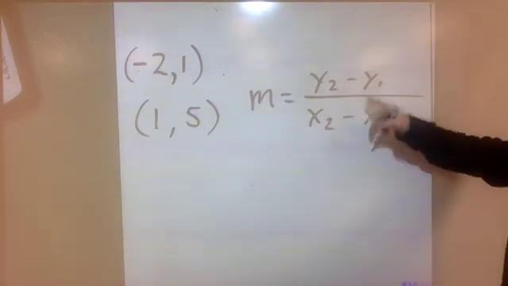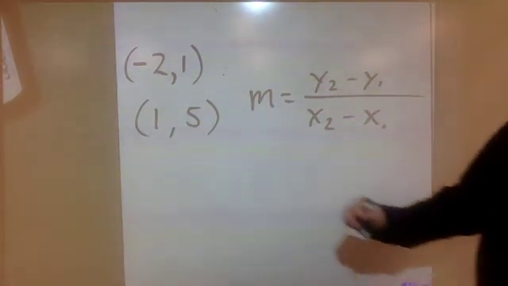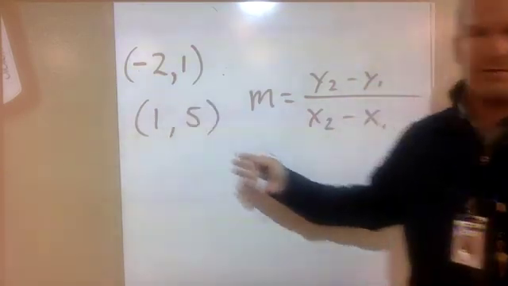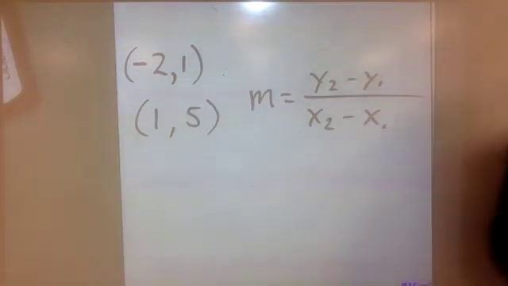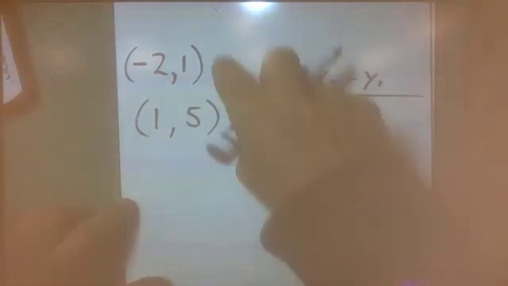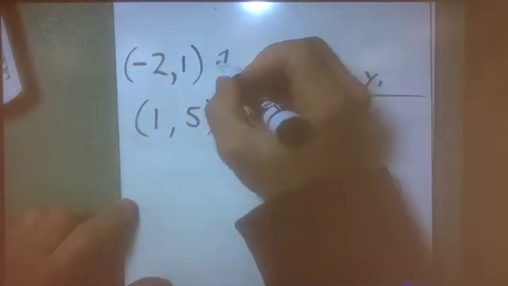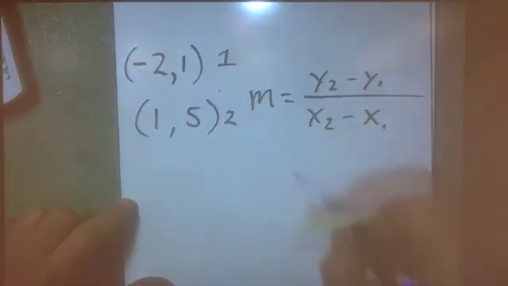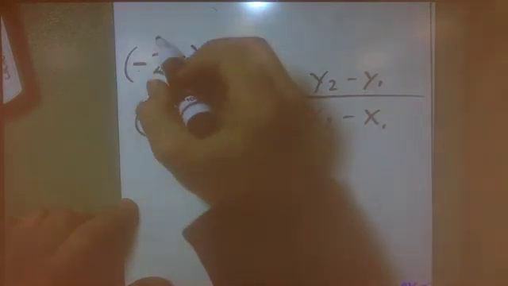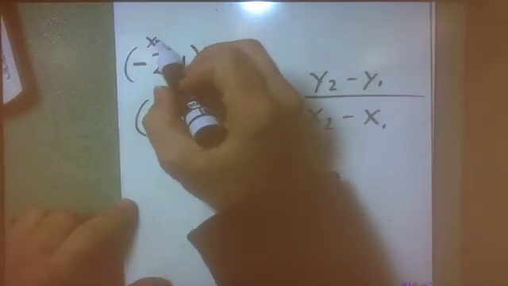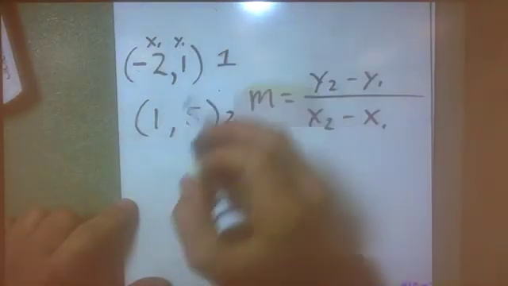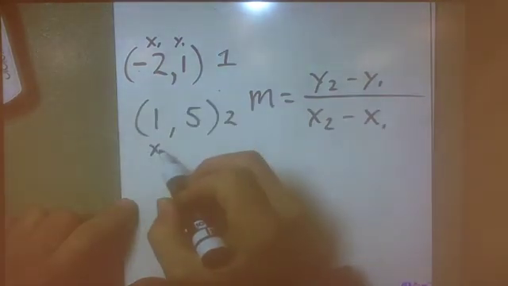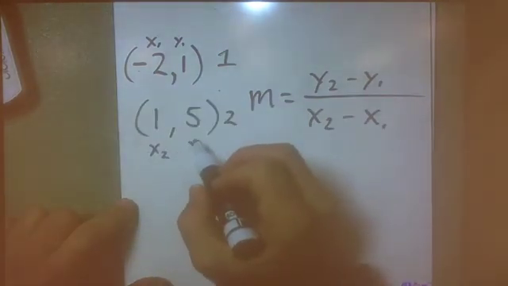What these y2 and y1, x2, x1 represent are your x and y coordinates. So you just pick one of these points as your first point. So I'll just go in order. We'll say this is our first point and this is our second point. So therefore the -2 would be x1 and the 1 would be y1, and then down here the 1 would be x2 and the 5 would be y2.